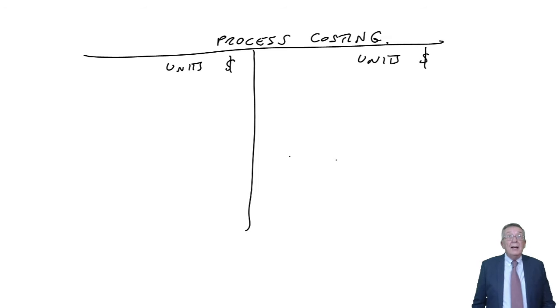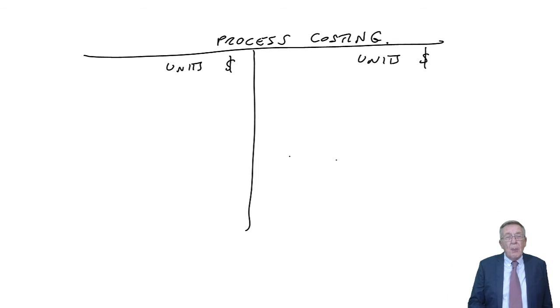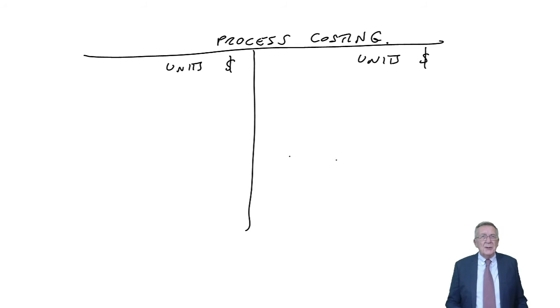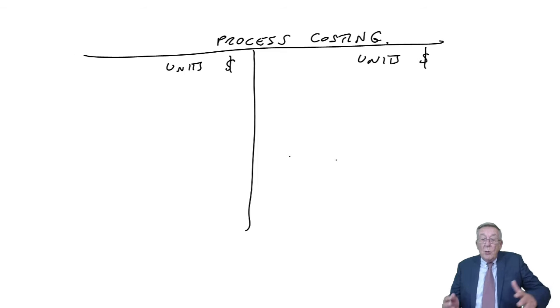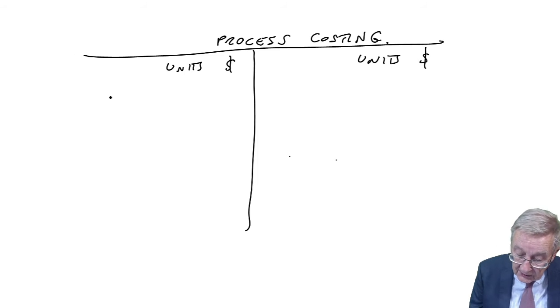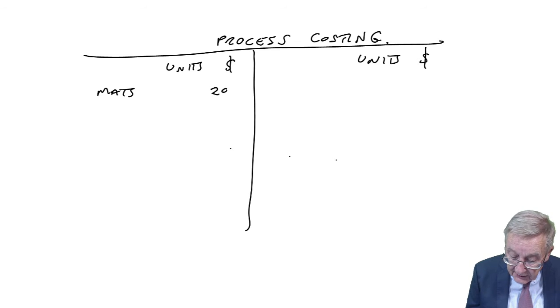First of all, we list the various costs involved. If you've done financial accounts, you'll know that if we pay for materials, we credit cash. Well, we'll debit the process costing, the left-hand side. So materials, how much did we spend? 20,000.